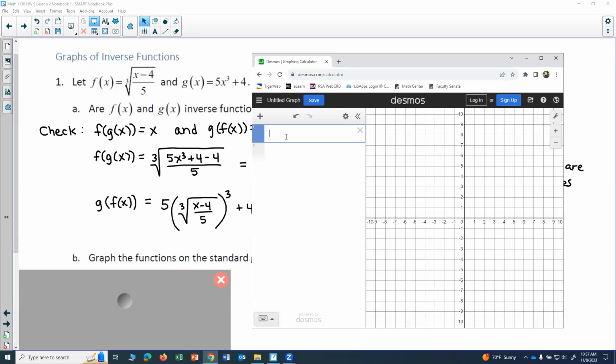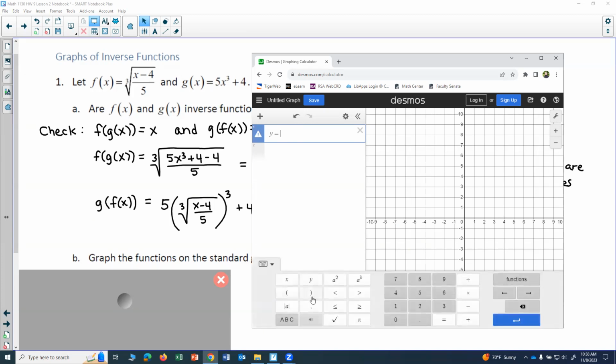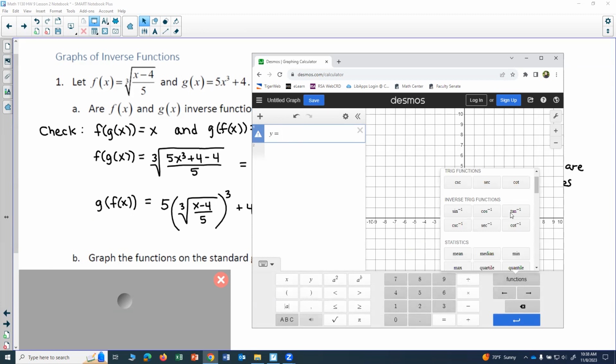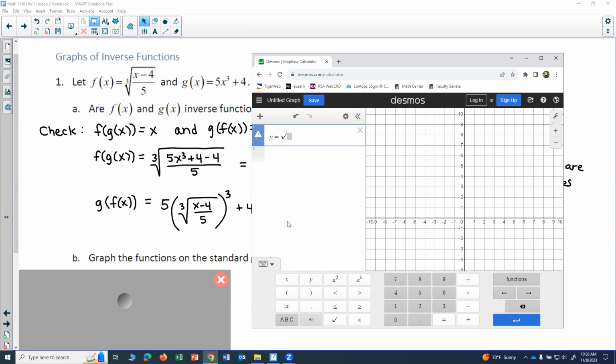So I'm going to enter my two functions. I'll enter them as y equals. So I'll do y equals, if I want to get the cube root, I can go ahead and get the keyboard here and go to functions and then scroll down till I see the cube root. I'll select the nth root here and put a 3 on the outside. So there's my cube root.